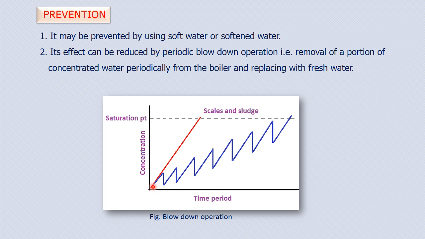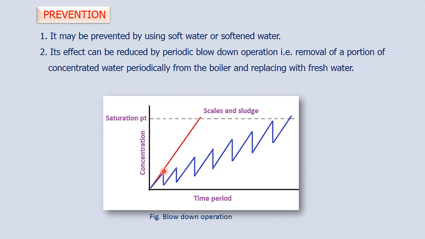Again with a blowdown operation the concentration drops, and when we continue this, the blue line keeps falling wherever we have done periodic blowdown operation. That is, we have removed the hot water and gushed in fresh preheated water, so that the salt concentration does not reach the saturation point easily, where scales and sludge are formed.